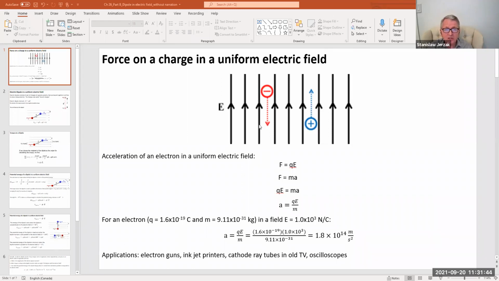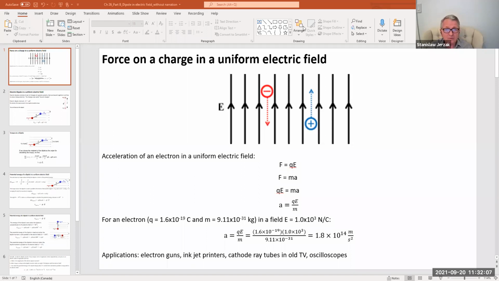What you see on the screen, these parallel black lines, represent a uniform electric field. Uniform means that the electric field at every point in space has the same magnitude and the same direction. As you remember, the electric field produced by a very large plate is independent of the distance from that plane of charge.